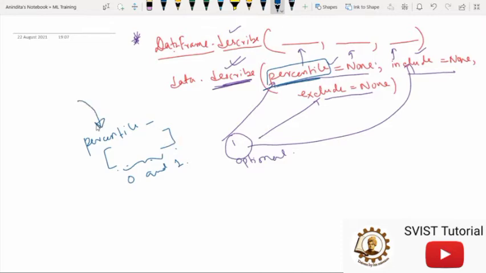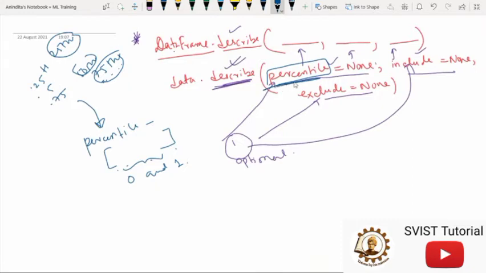For this parameter, the default values are 0.25, 0.5 and 0.75, which return the 25th, 50th and 75th percentile.